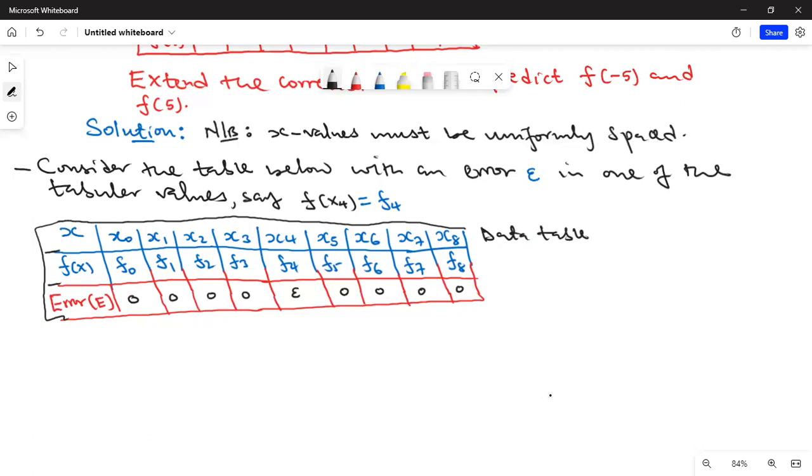So in this case, we are assuming f4 is the value that was recorded wrongly with an error of epsilon. So come up with a finite difference table. We want to see how the error spreads. So you can write here finite difference table for the error.